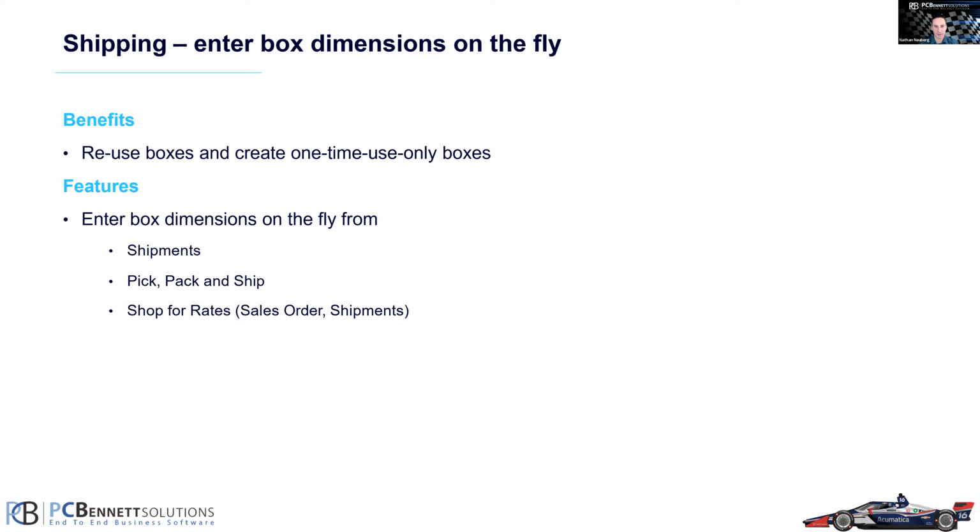We have clients out there using custom size box making machines. So now we can enter those dimensions right on the fly on the shipment screen, also on the pick, pack, and ship screen, or when shopping for rates, we can specify custom dimensions for our boxes.